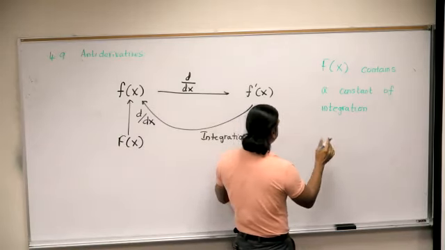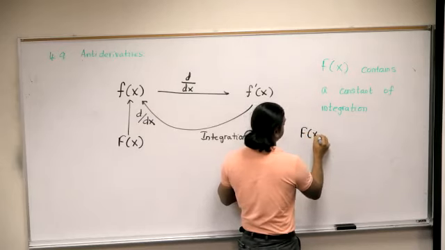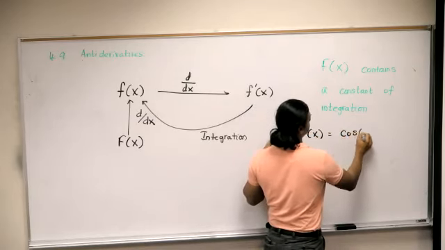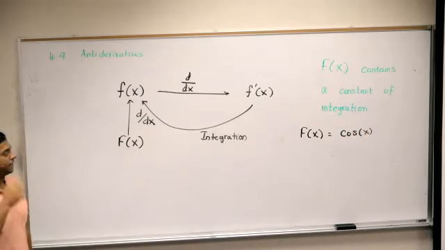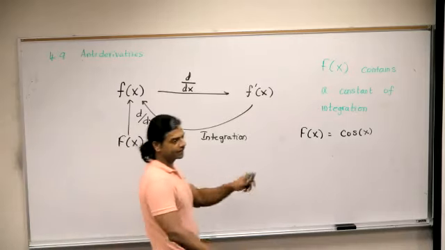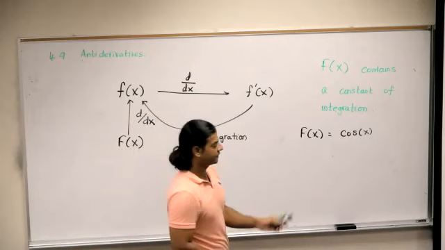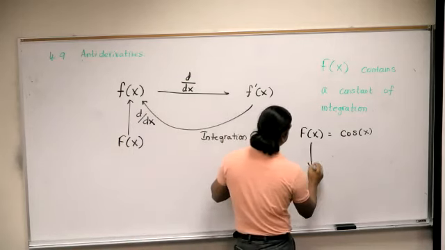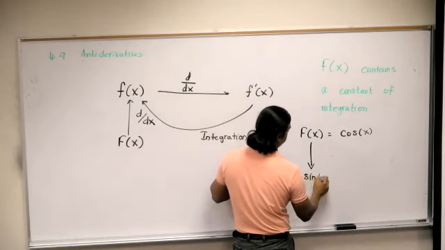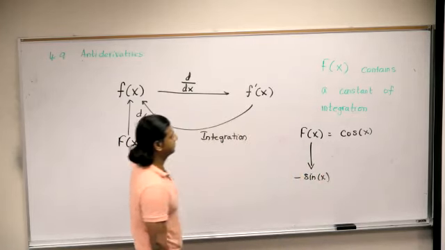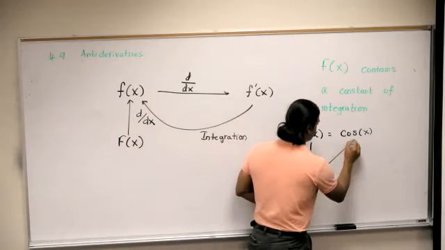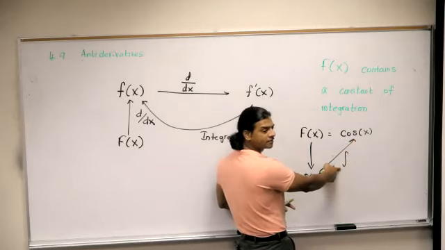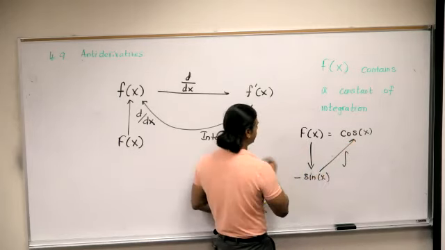If I start with f of x equals cosine x, the derivative of this particular function, cosine x, is negative sine x. So if you take negative sine x and integrate, that's the integral symbol, you'll get cosine x.